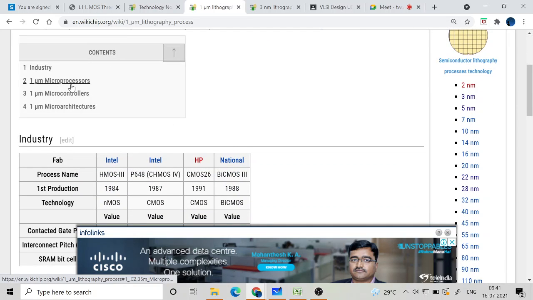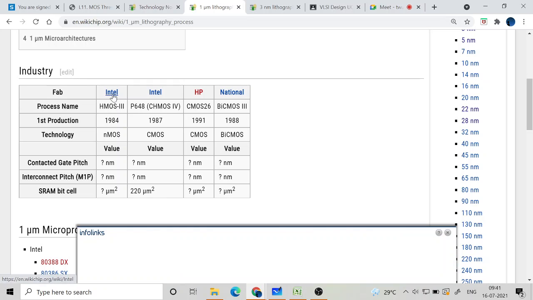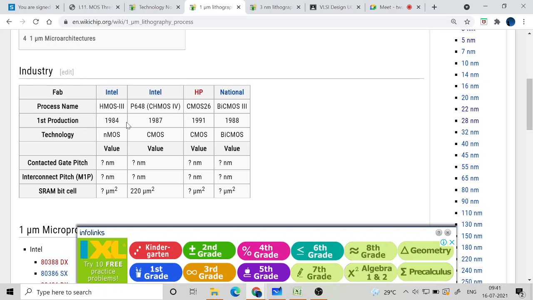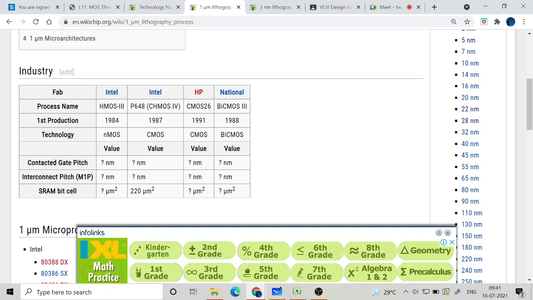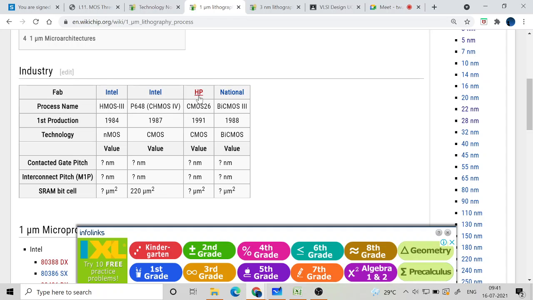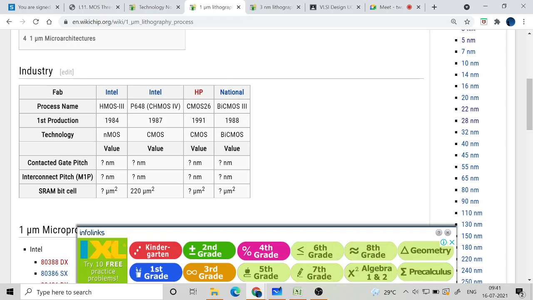This was basically used for making microprocessors. What were the companies who were fabricating this chip in those days? Intel was the main player. You can see here 1984 they came with the first production, and then they changed the process slightly and came up with a more refined process in 87, 91, etc. HP also played, and National Semiconductors. These were CMOS, and this is BiCMOS.